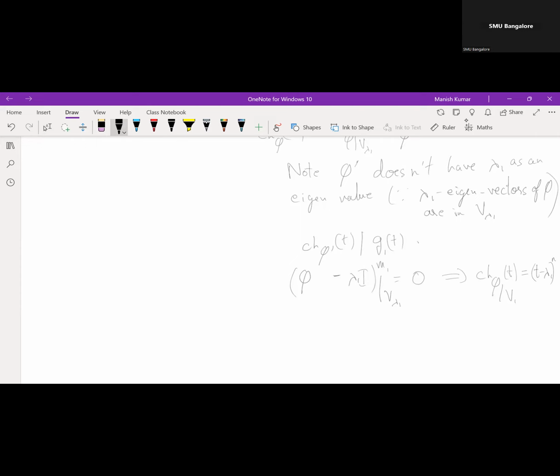I'm just proving that some power of this is zero. The minimal polynomial has to divide it, so the minimal polynomial is some power of t minus lambda 1, and hence the characteristic polynomial is also some power of t minus lambda 1. But that is good enough.